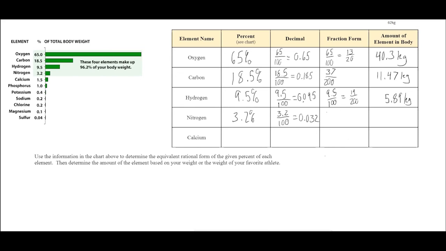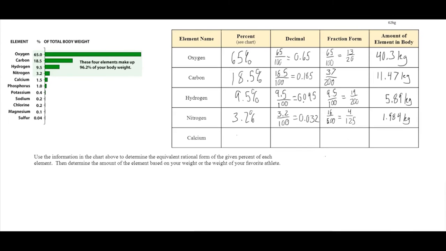In fractional form, 3.2, to get to a whole number, we have to multiply by 5. And so we get 16 over 500, which is about 4 over 125. And finally, the amount of element is 1 and 984 thousandths kilograms.